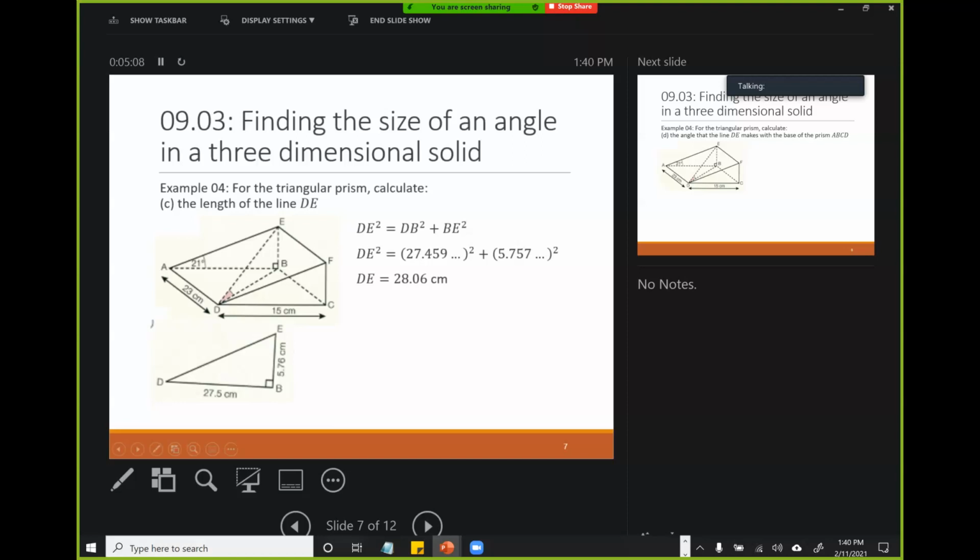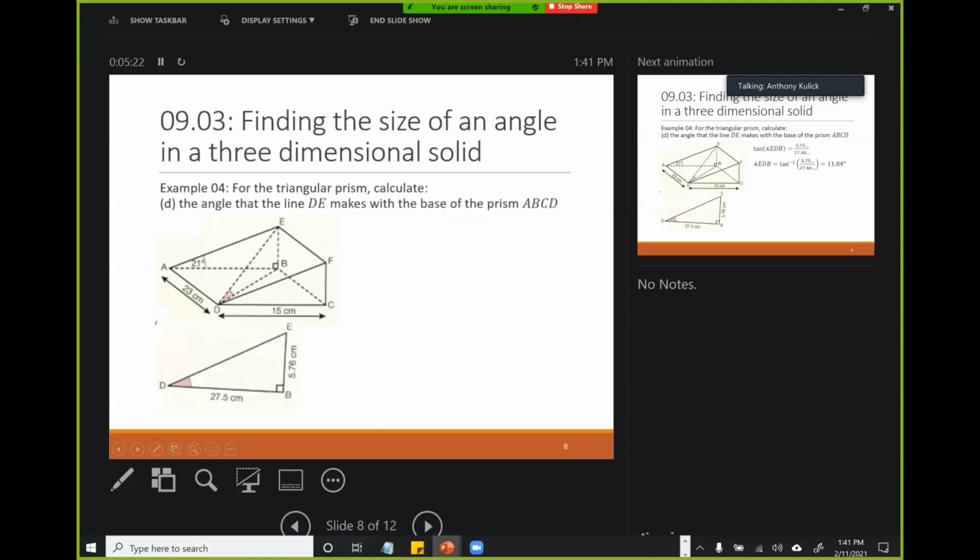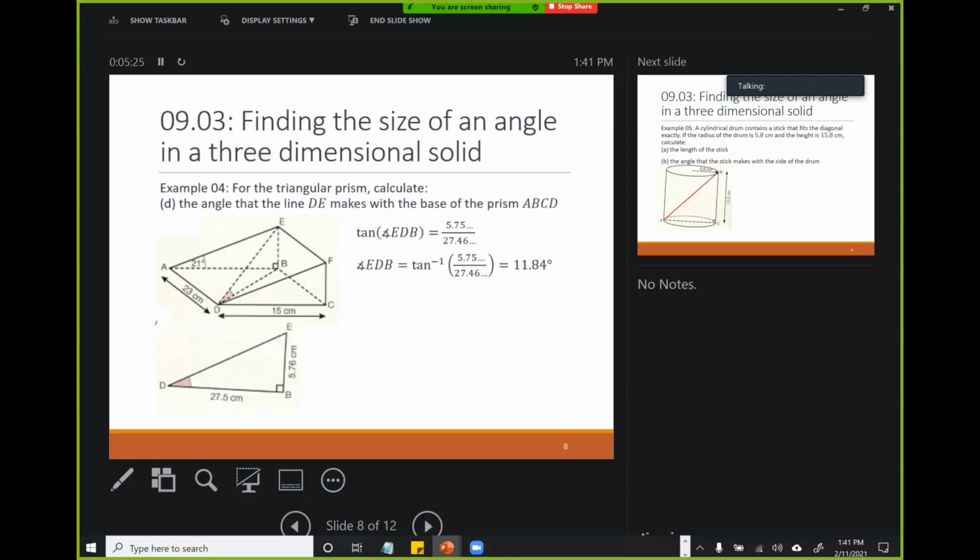And then the last thing we're looking for is this angle EDB. If I know the 3 sides of the triangle, though, I can calculate that angle EDB by just doing something like tangent inverse, opposite over adjacent. And that spits out my answer.